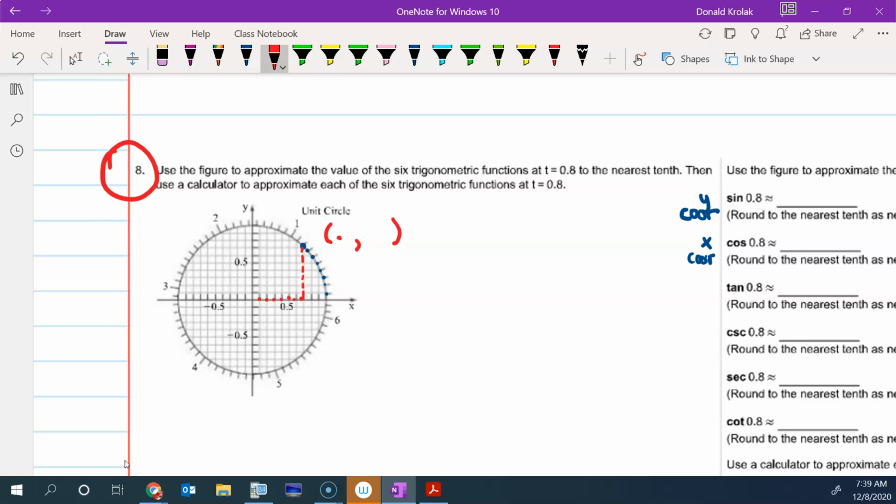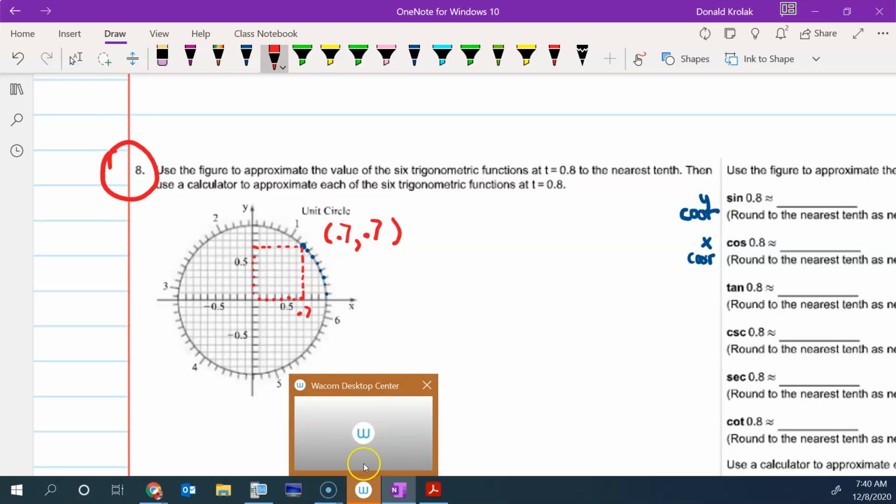That is 0.7. Okay, 0.7. And then the y coordinate, go across. And that's at 1, 2, 3, 4, 5, 6, 7. So that's at 0.7.